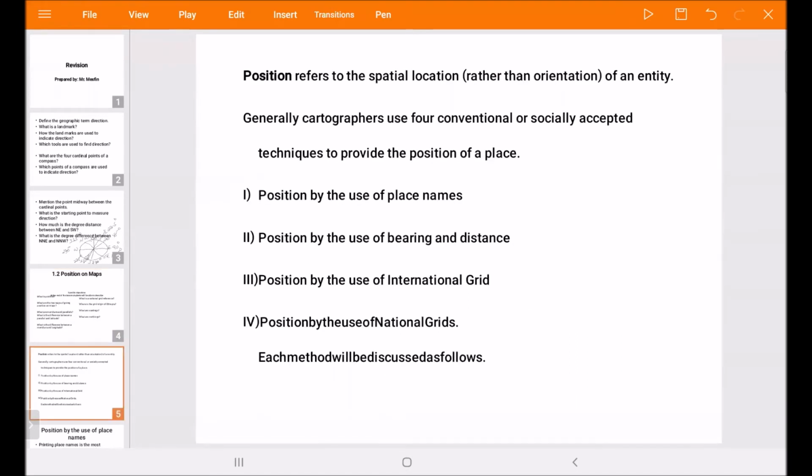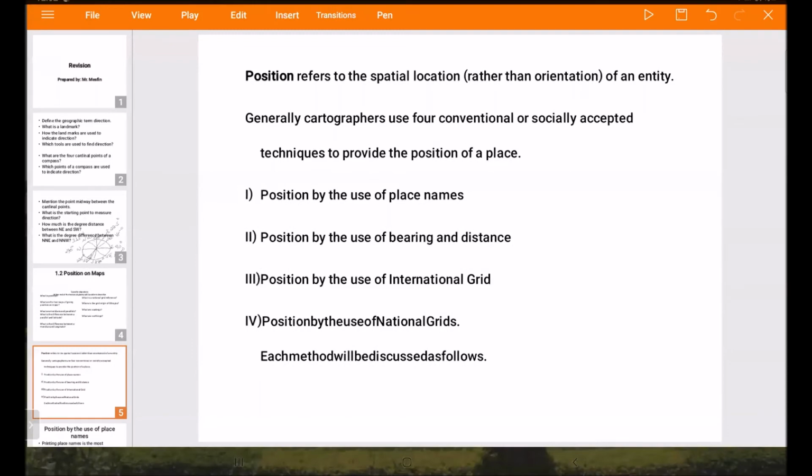Position is simply the spatial location of a place or an entity. Generally, cartographers or map makers use conventionally accepted techniques to provide the position of a place on a map.